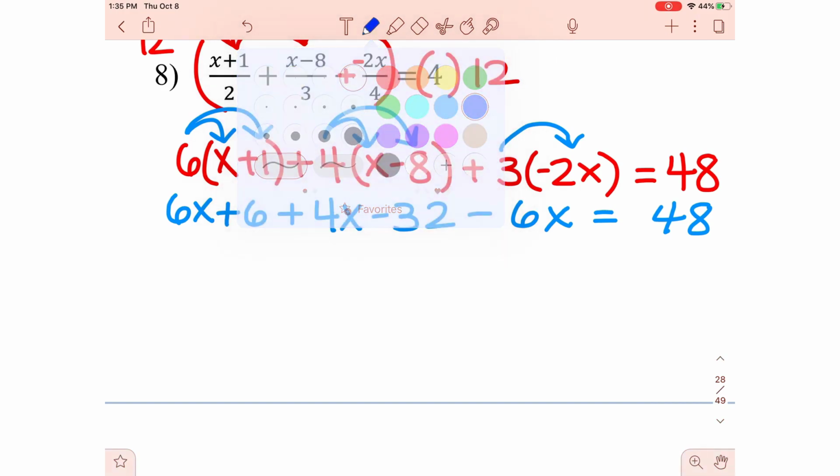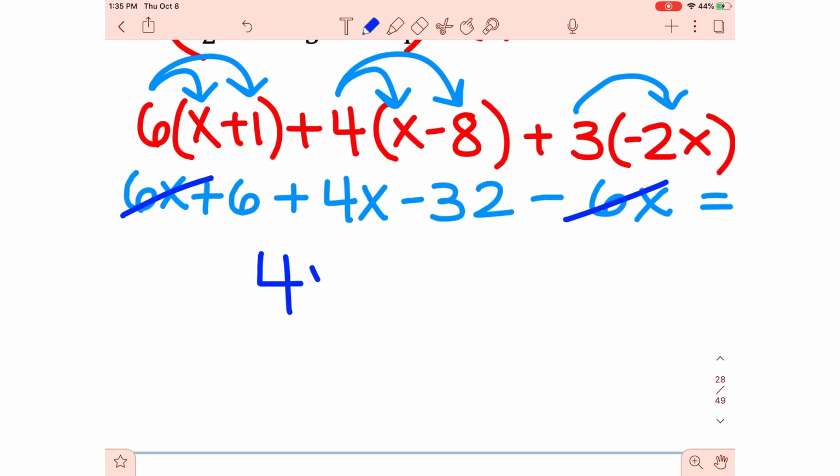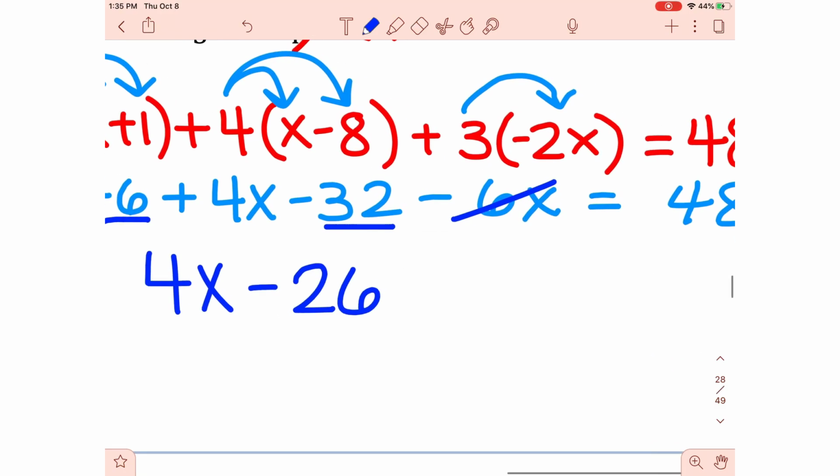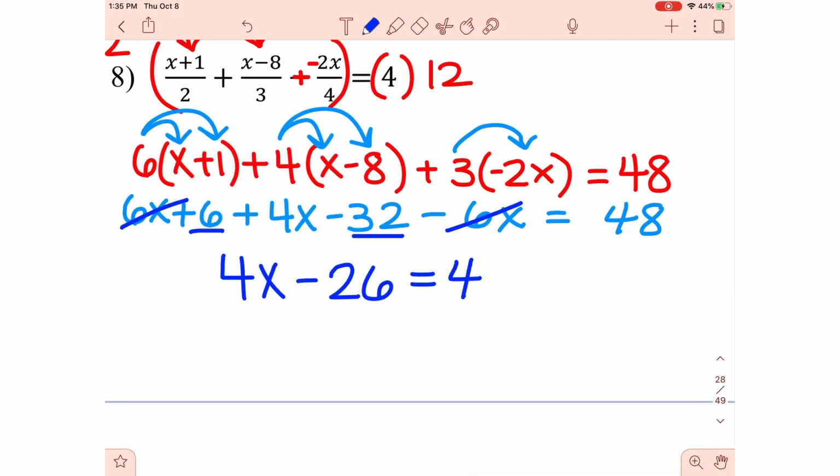Okay, let's combine like terms. 6x minus 6x cancels. I'm left with 4x minus 26. When I add 6 and negative 32, I get negative 26 equals 48.